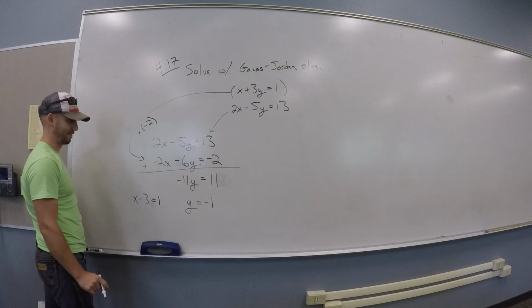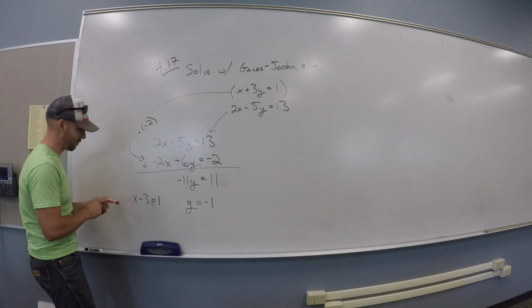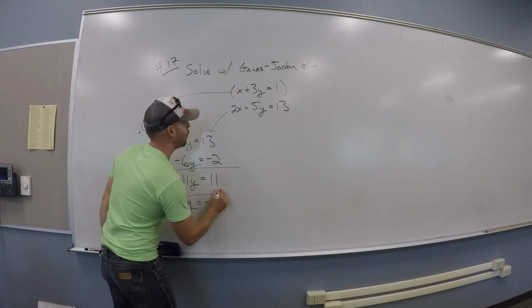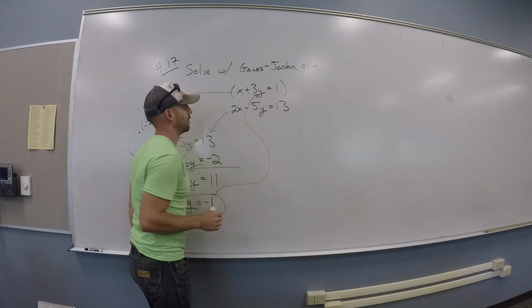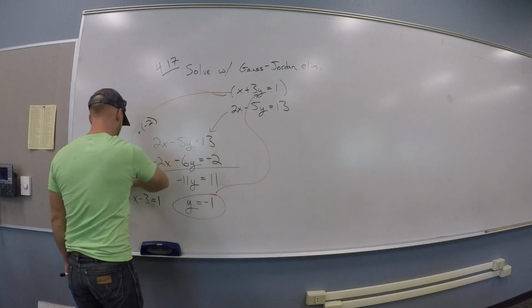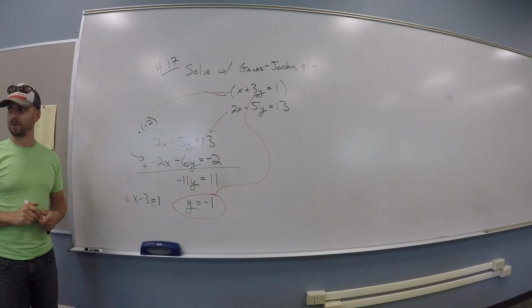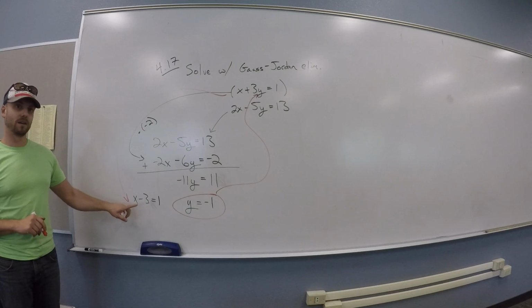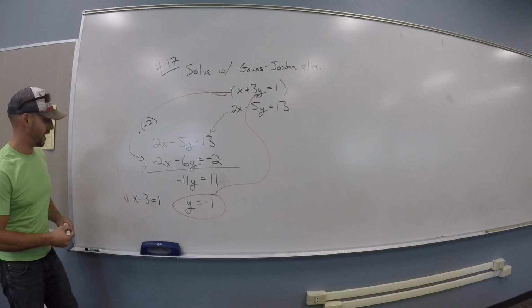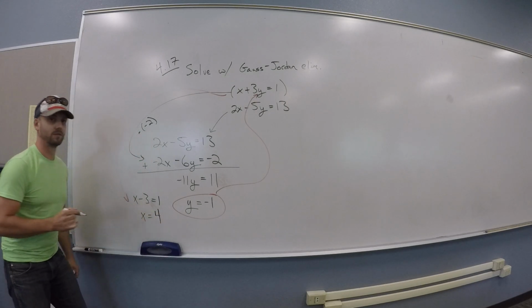I took y equals -1, shoved it in for y, and then brought the result back down here. Then add 3 to both sides. So you get x is 4. Check, done.